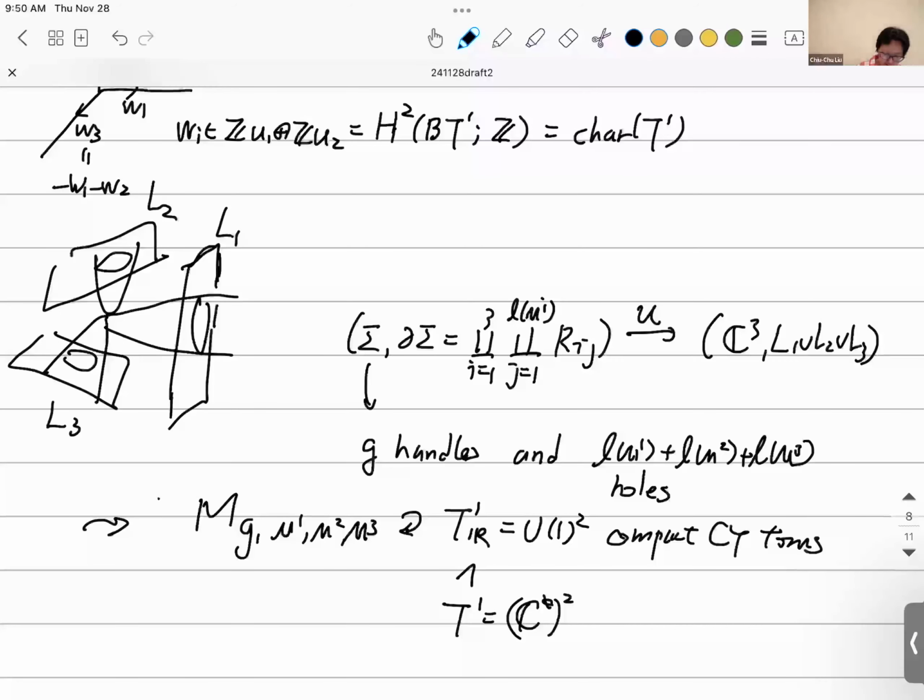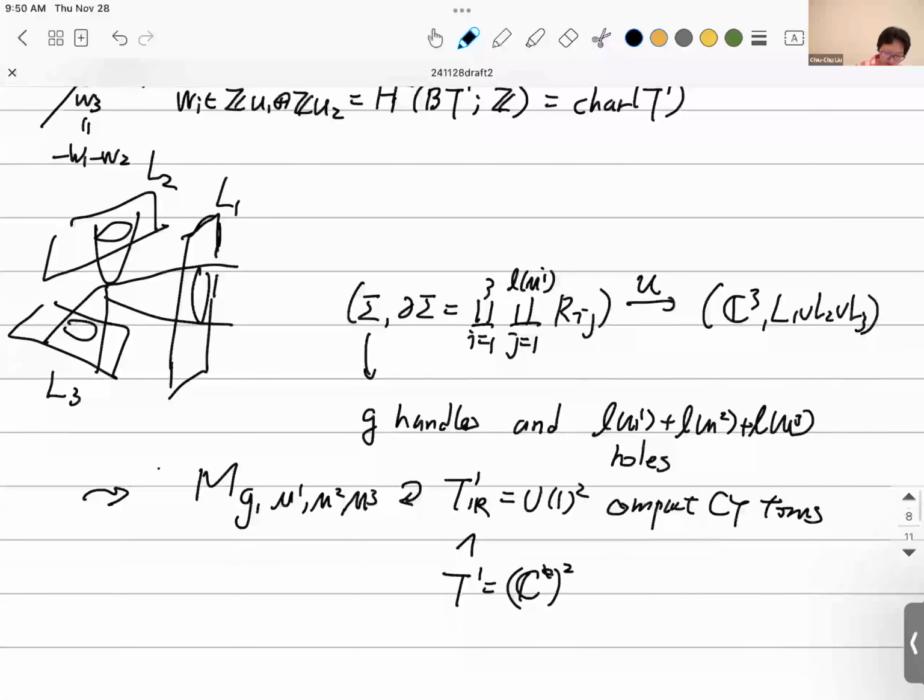It acts on C3 and also preserves each Li, not pointwise, but it restricts to an action on each Li. As a consequence, this compact Calabi-Yau torus acts on the moduli space of such stable maps to C3, from bordered Riemann surfaces such that the boundaries are mapped to these Li. And of course, we should allow the domain to have nodal singularities.